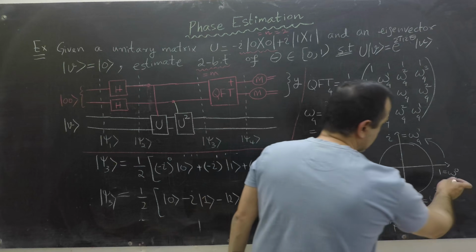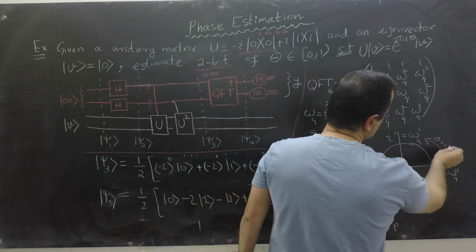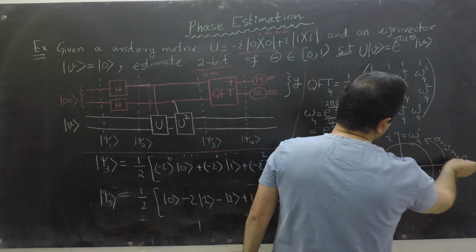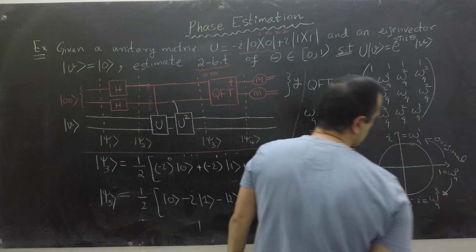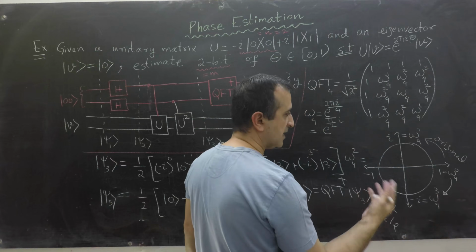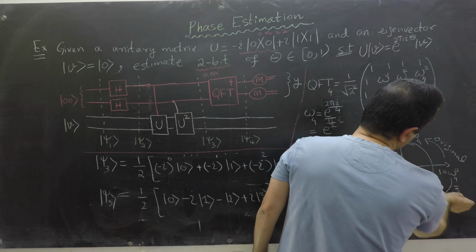I will travel in this direction. So this is my original direction for omega, and this will be my conjugate direction, my inverse direction.